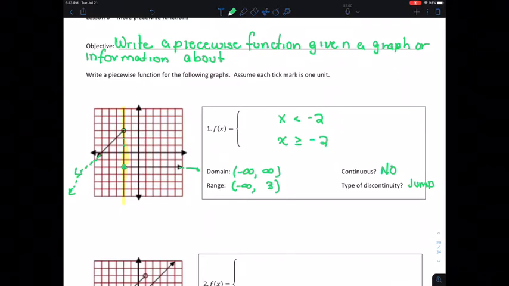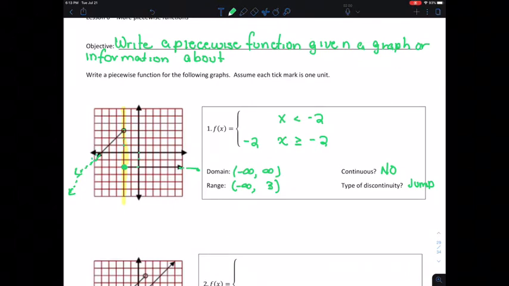The reason I said greater than or equal to is because this circle is closed. Now, writing the equation for the part where x is less than negative 2 should be easy because it's a horizontal line, and so it has a simple equation: y equals negative 2.